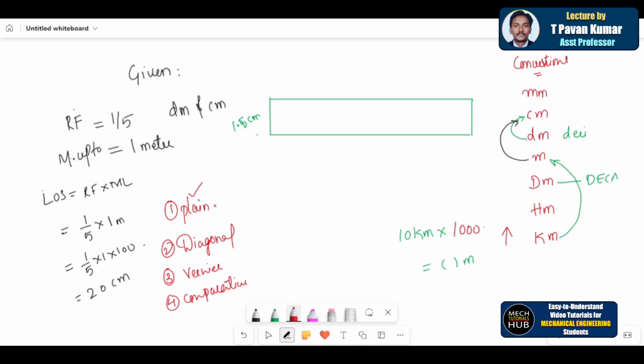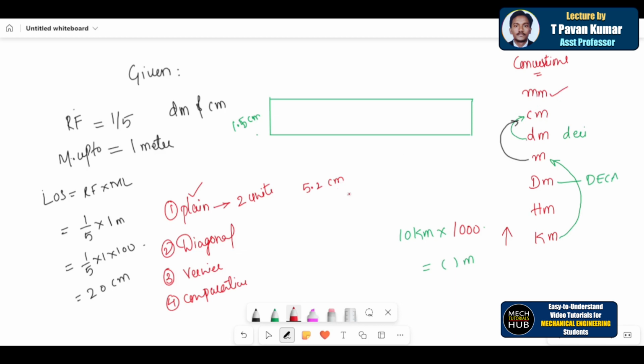What is a plane scale? Let us see. A plane scale can read up to 2 units. Those 2 units could be the same or different. If I say I need to measure a distance of 5.2 centimeters, what does it mean? 5 centimeters, and then the subunit of centimeter is millimeters, so 5 centimeters, 2 millimeters.